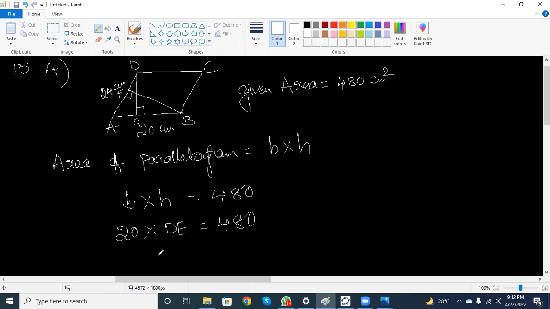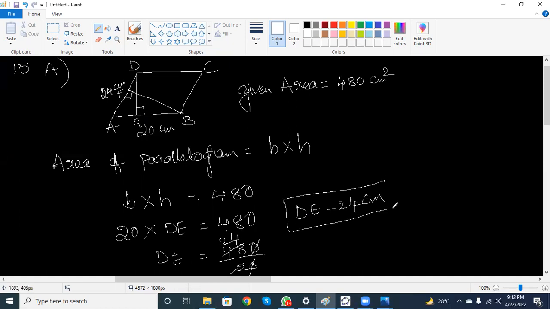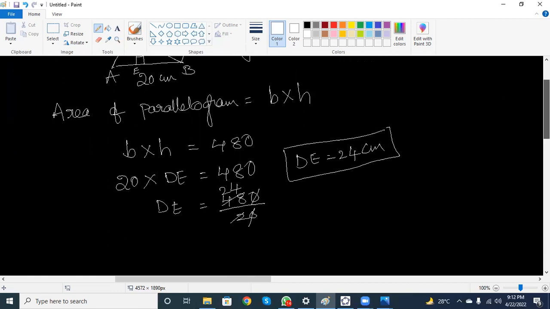So let's keep it on the left side only and transpose the 20 to the other side. 480 over 20. So DE is equal to 24 centimeters. Now we need to find out BF also in the same way.